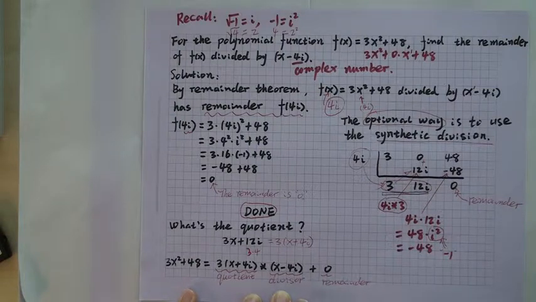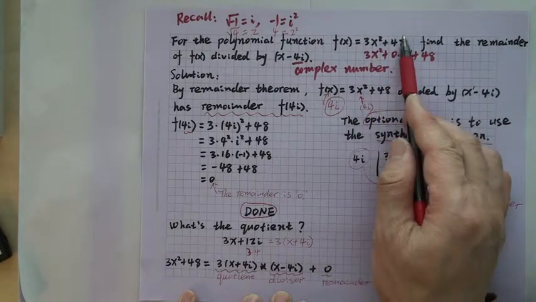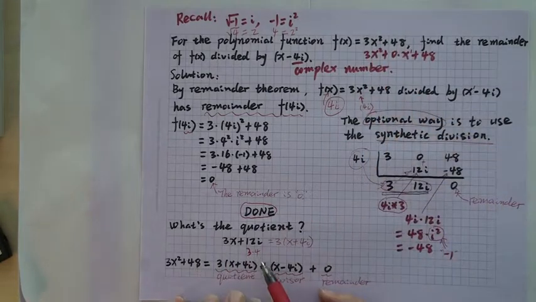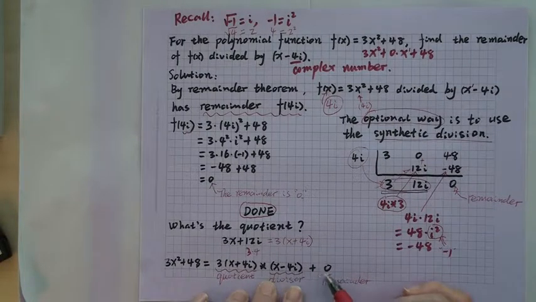Then the original polynomial can be written as the quotient, which is 3 times x plus 4i, times the divisor, and then plus the remainder.